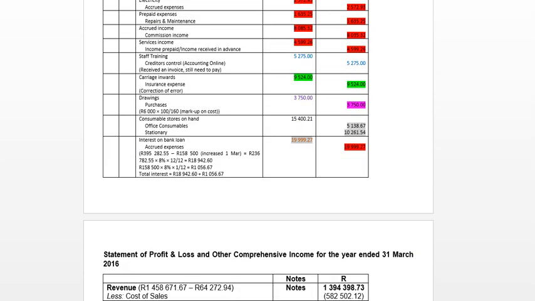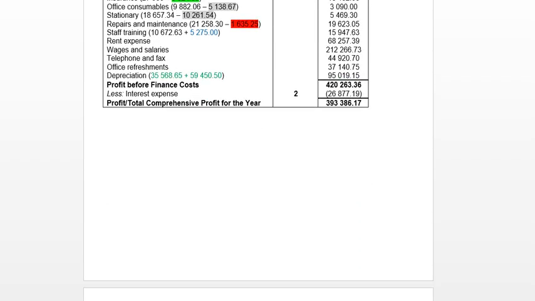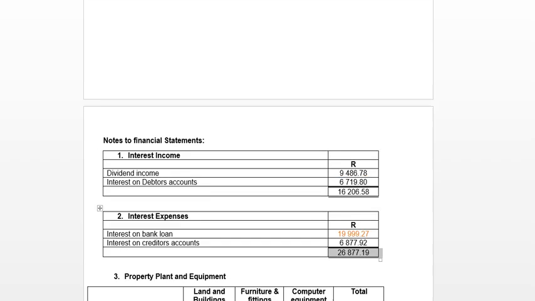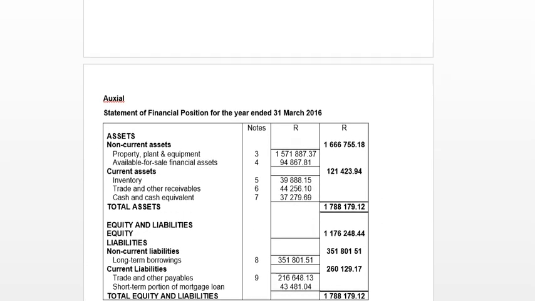So this interest of 19,999 and 27 cents. If we look at note number 2, it's going to be the interest on bank loan of 19,999 and 27 cents, and our interest on creditors account of 6,877 and 92 cents. Our total interest expense is 26,877 and 19 cents.